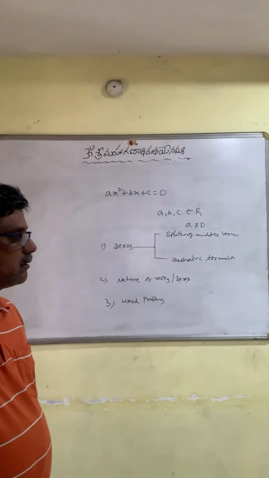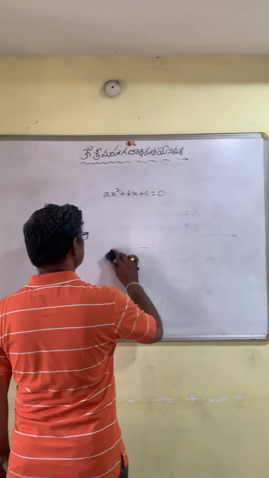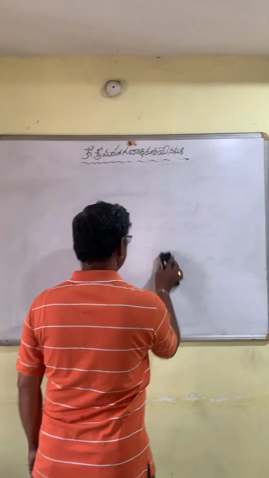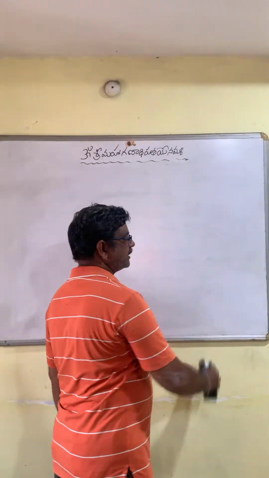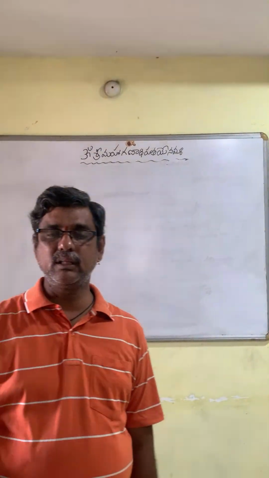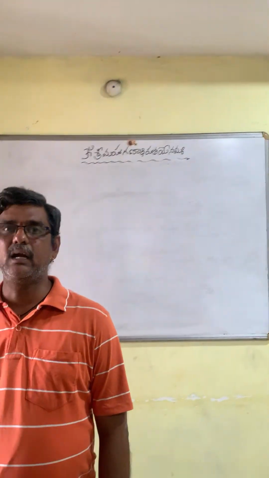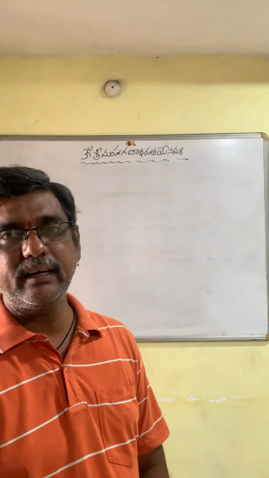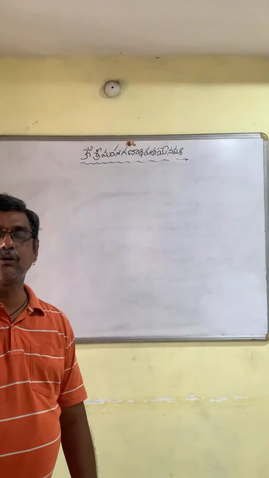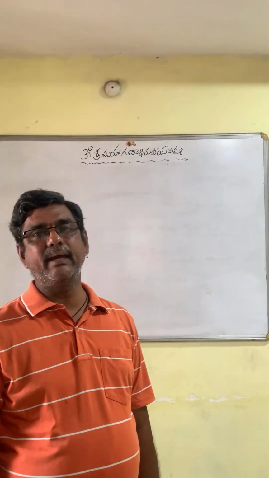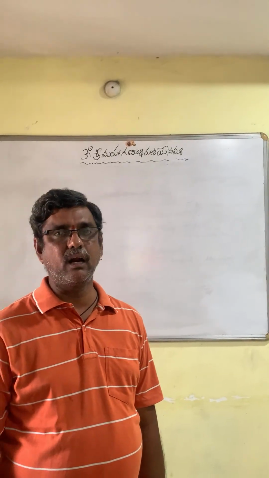First we will see how to find the zeros of the given quadratic equation by splitting the middle term. Before that, I will give some equations, and you have to tell me whether each equation is a quadratic equation or not.